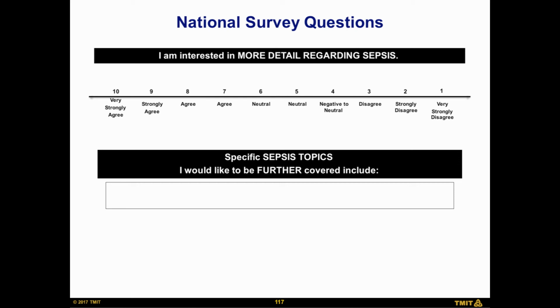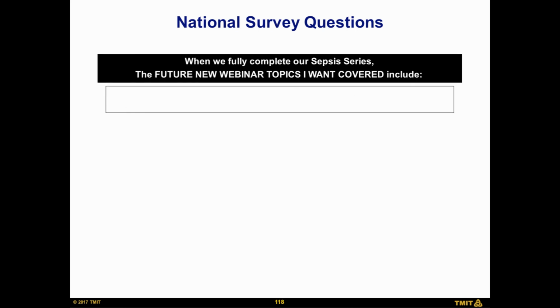But specific topics you'd like us to address are on slide 117, and Kyle has put up the questionnaire for you. So free text entry really, really helps us, because then we can hone in on what we can ask speakers to cover. And then the final questions of free text entry on the sepsis series after we complete it. After we complete it, even if we add a part 4, what future new webinar topics do you want us to address?